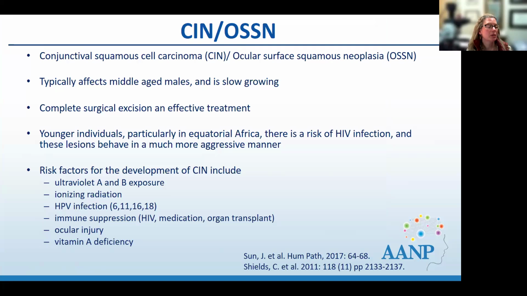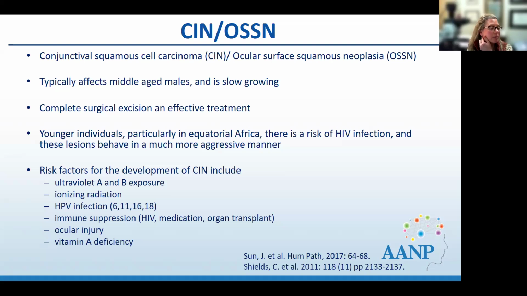Okay, so usually middle-aged males, slow growing, they surgically excise them and treat with chemotherapy if needed. The one thing that's very important to remember, and this can be a presenting disease for HIV. And so if you have someone younger than usually about 40, it's been documented in the literature, particularly in Equatorial Africa, these patients are at risk of this being a presenting symptom of HIV infection.